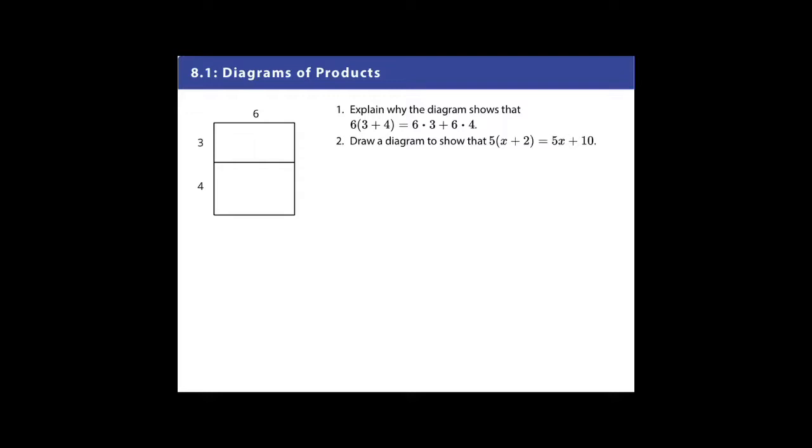So for number 1, the whole diagram shows that the product is 6 times 3 plus 4 because this green box would be 6 times 3 and then this blue one would be 6 times 4 to get the area of them. And then draw a diagram to show that 5 times the quantity x plus 2.